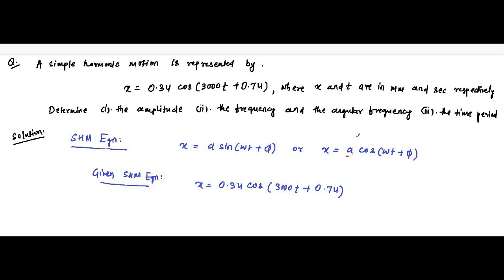This A part is called the amplitude, the maximum displacement of the particle undergoing SHM from the mean position. This omega is called the angular frequency.